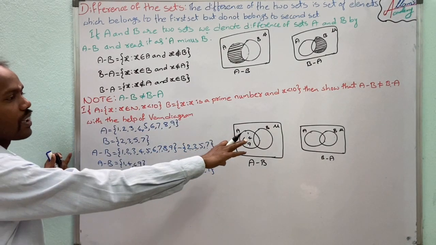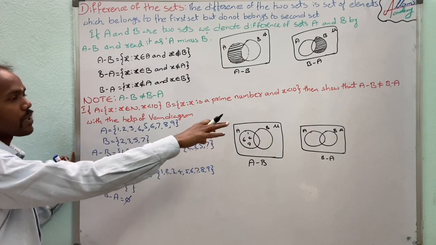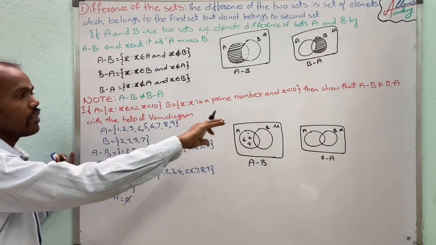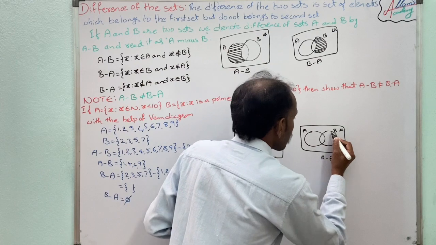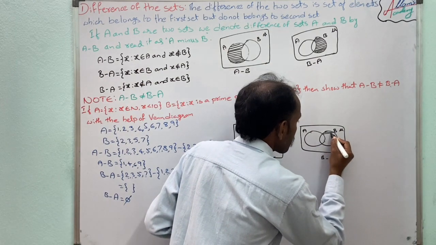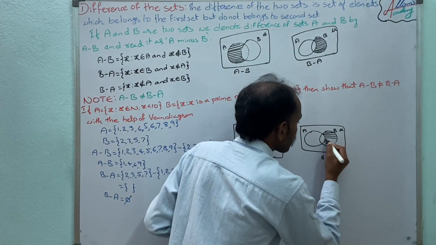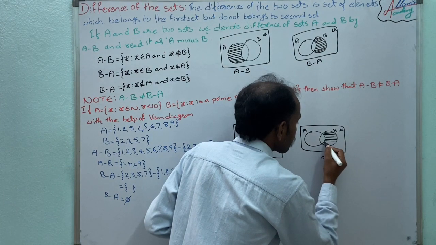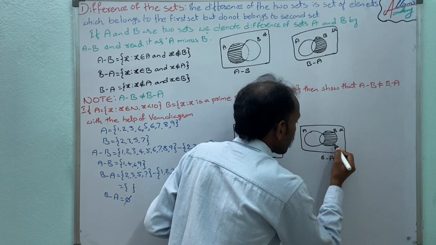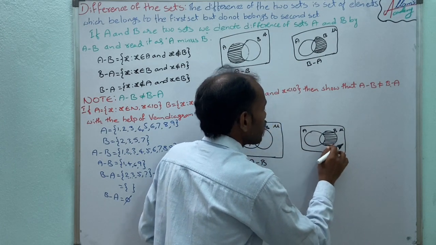But looking at it, it will not be shown, so for that purpose we show it by shading the diagrams. So here is the space for B minus A. In this set no element remains.